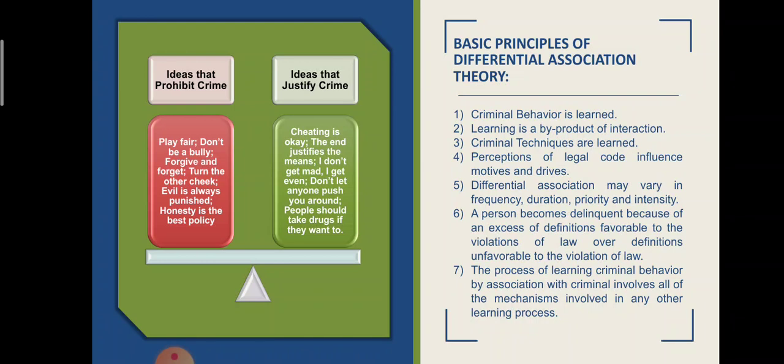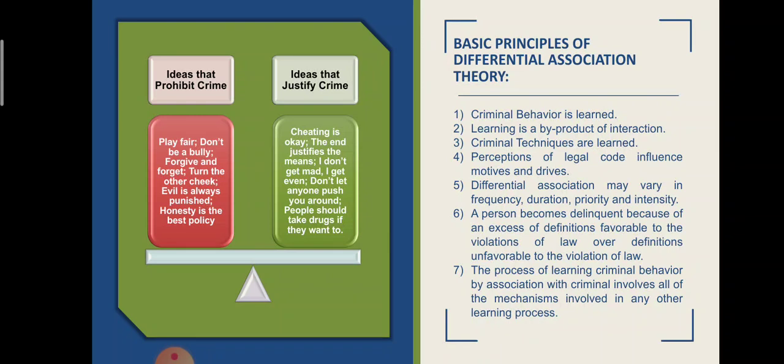Next, a person becomes delinquent because of an excess of definitions favorable to the violations of law over definitions unfavorable to the violation of law. As I said earlier, it is weighed, like in a weighing scale in our earlier graphic example. This is the heart of Sutherland's differential association theory.